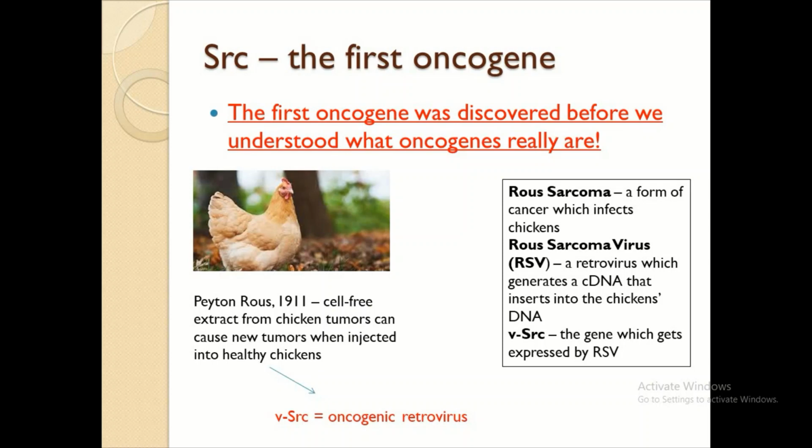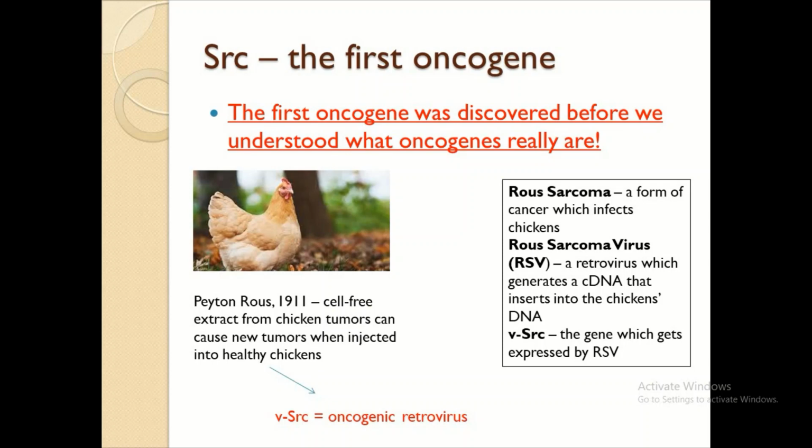SRC was the first oncogene discovered, before people understood what an oncogene really was. Rous, who worked at the Rockefeller Institute of New York, was the first person to identify the Rous sarcoma virus. In the year 1911, he did a simple experiment.